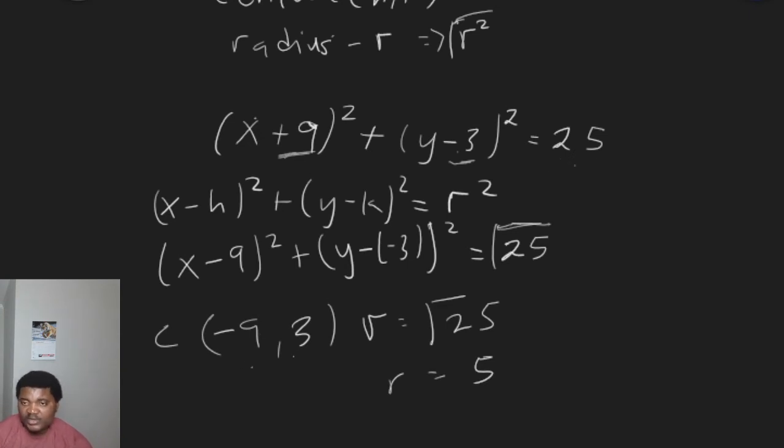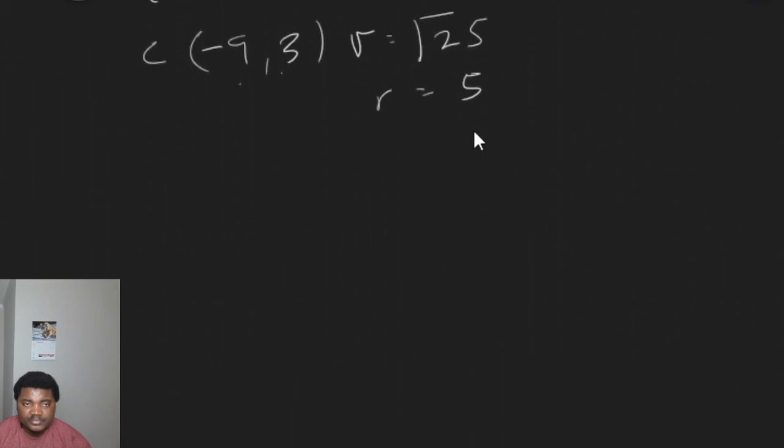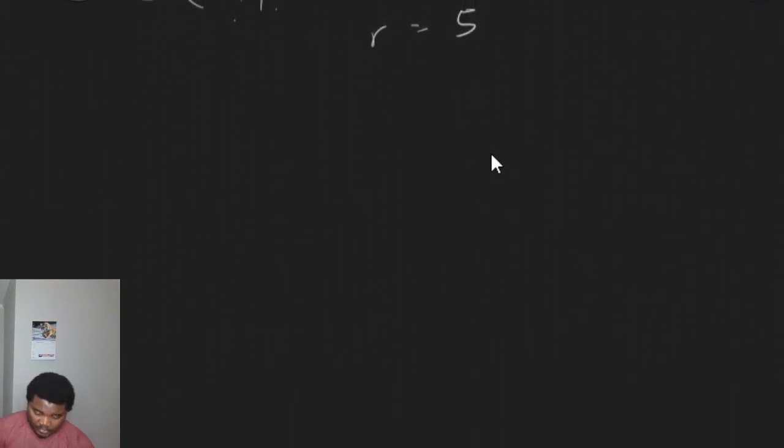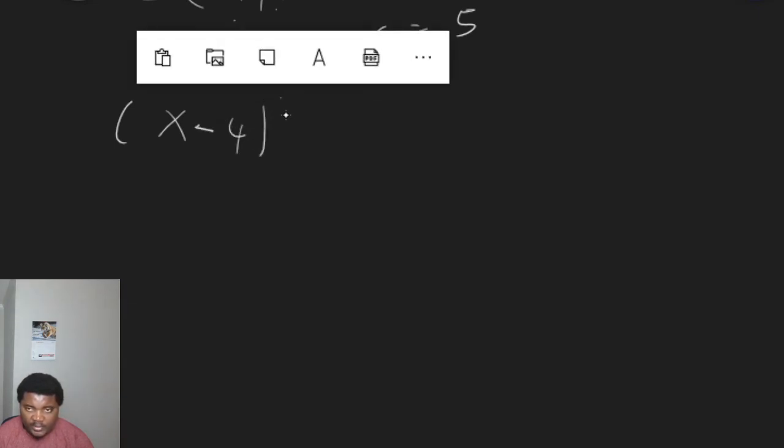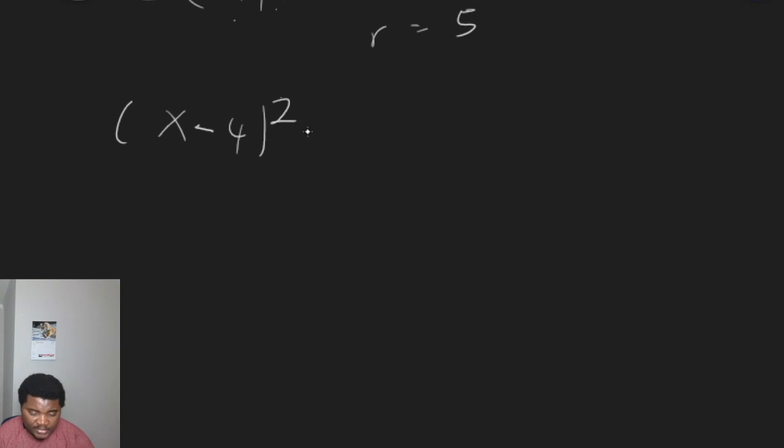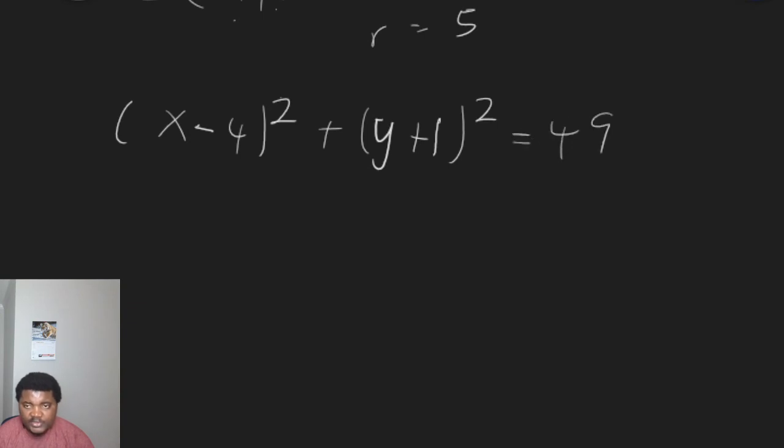Let's look at one other example. Say we have (x minus 4) squared plus (y plus 1) squared is equal to 49.